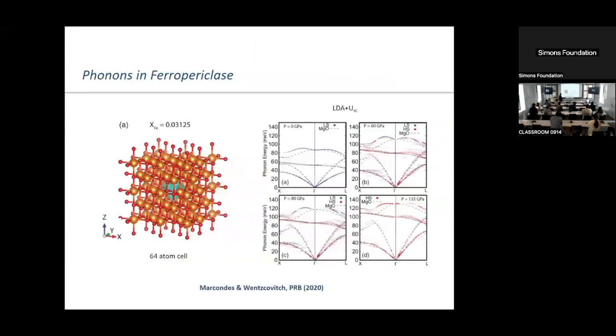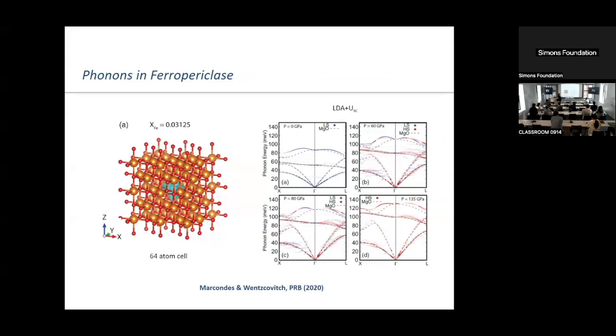Andy once asked me if the phonons across the spin transition are harmonic. In DFT plus U, they are. So this result here was inspired by that question. We had one single iron in a 64 atom cell, so you can stabilize the high spin state and the low spin state throughout the entire pressure range of the mantle.